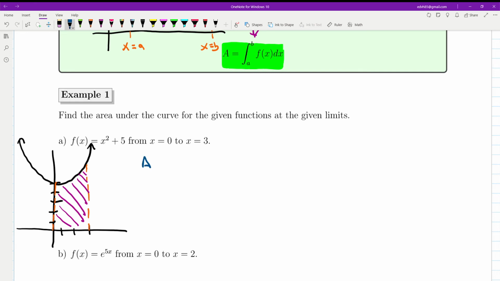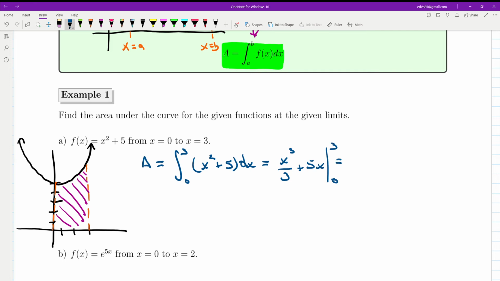So in this case, what we will do is integrate the given function from 0 to 3 of x squared plus 5, and integrating these two terms individually using the power rule, all we do is x cubed over 3 plus 5x, evaluated from 0 to 3.